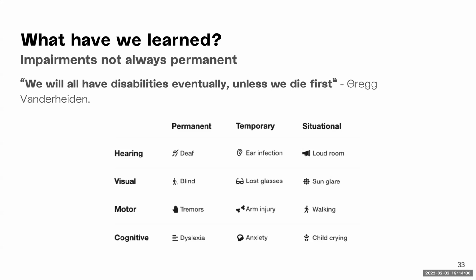Cognitive disabilities, for example, dyslexia. So this is one permanent cognitive disability, but some people, when they have some anxiety, are not able to concentrate or perceive the information the same way as normal people or non-anxious people do.